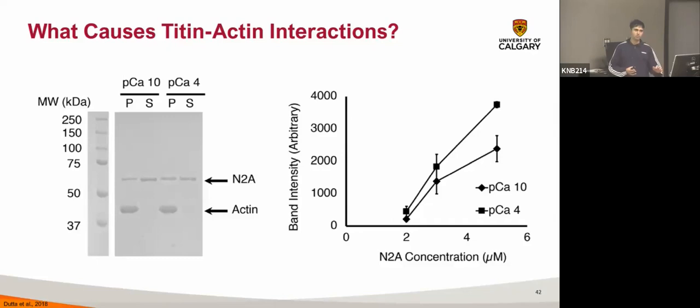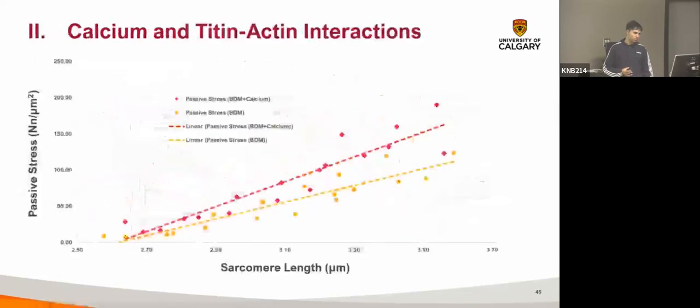You pull passively and you pull actively with calcium, but you inhibit cross bridges. What's the difference in force? The difference in force was about 50 nanonewtons per micrometer squared, up to around 3.6, where we stopped for this experiment. So it's very small, yeah.